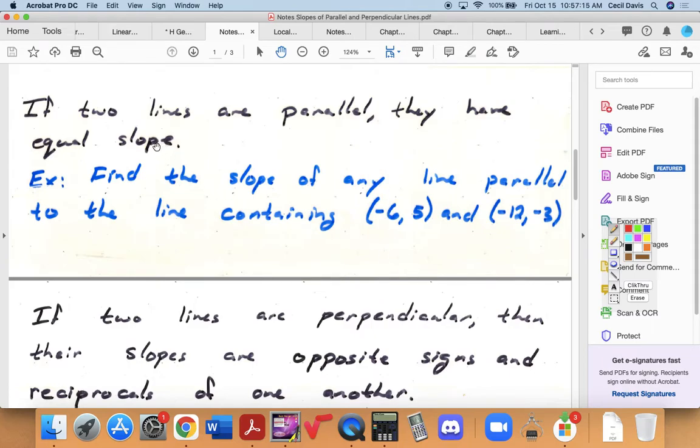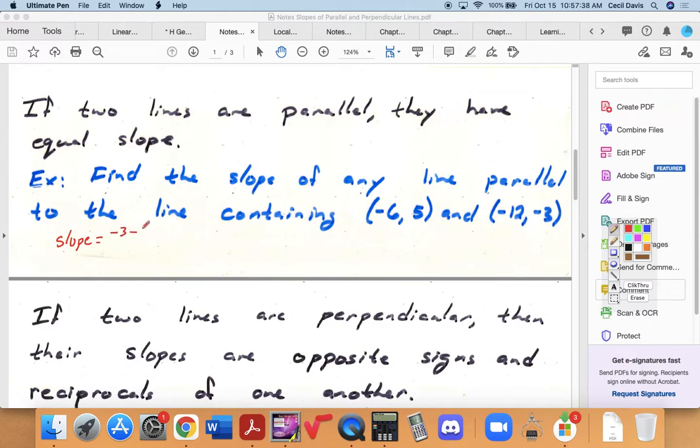If 2 lines are parallel, then they have equal slope. So here, find the slope of any line parallel to the line containing negative 6, 5, and negative 12, negative 3. By the way, did you know that if lines are parallel, their slopes are the same? So the slope here is going to be negative 3 minus 5 over negative 12 minus negative 6.